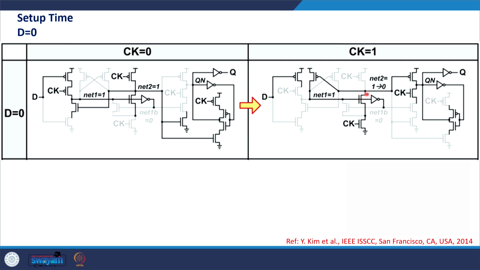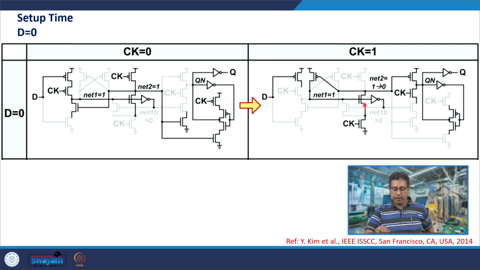If this transistor is on, this would be pulled down to 0 and this would turn Qn high. But net 2 should be pulled down to 0. Net 2 would be pulled down to 0 if net 1 is at VDD, or net 1 is charged high. So what it means is that net 1 should be sufficiently charged high before clock turns to VDD.